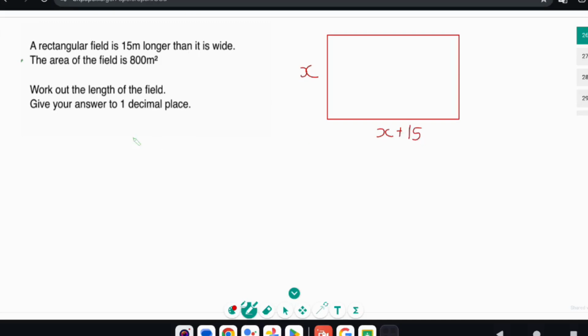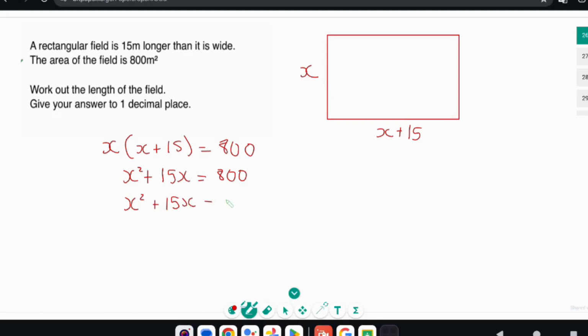The area of the field is 800 metres squared. To find the area, it's base times height. Let's expand the brackets. The quadratic equation has to be equal to 0. So let's take away 800 off both sides.